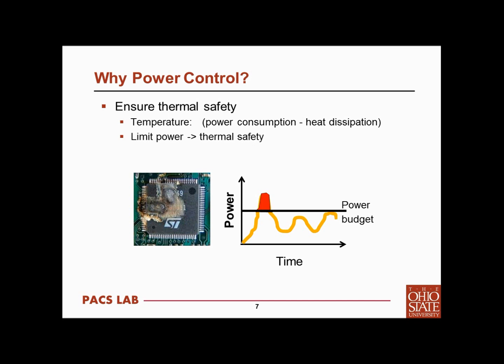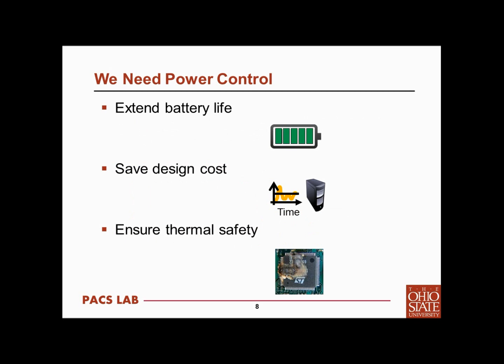So by controlling the power consumption of a computer system, we actually control the root cause of a high temperature. That's how we can ensure the thermal safety of the entire system. Since power control can extend the battery lifetime, save design cost, and also ensure thermal safety, that's why we need to study power control.